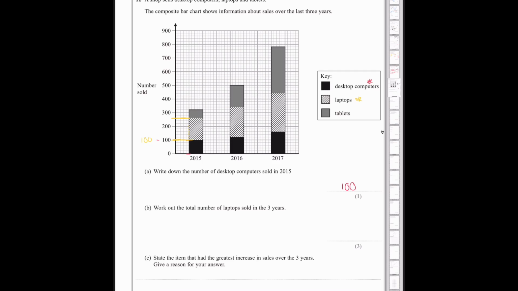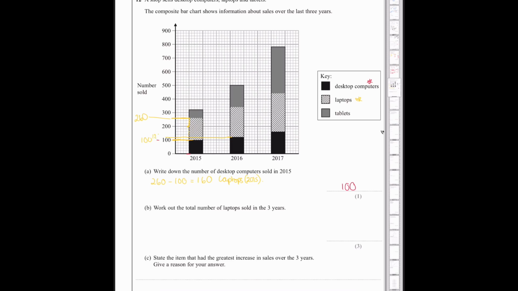So each box is 20. From here, I've got 3 boxes there, so that's 60. So that must be 260 there. So 260 minus 100 gives us 160 laptops in 2015.